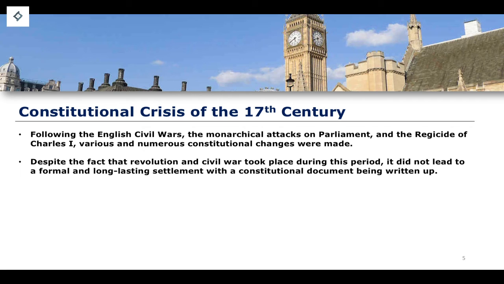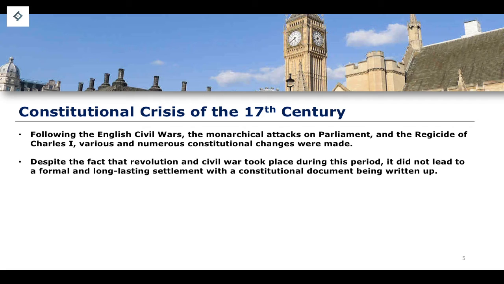But it is quite interesting that where we see revolutions and civil wars take place, not quite during the 17th century, but more the 18th century, we see that formal documentarian constitutions are established. So things like the U.S. in 1776, we see the Revolutionary War, and we see the Declaration of Independence, which leads into the U.S. Constitution.